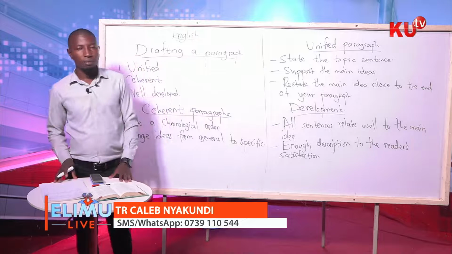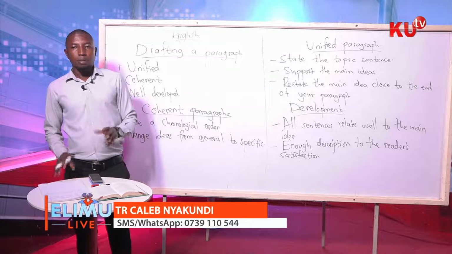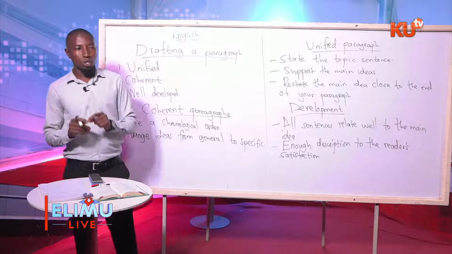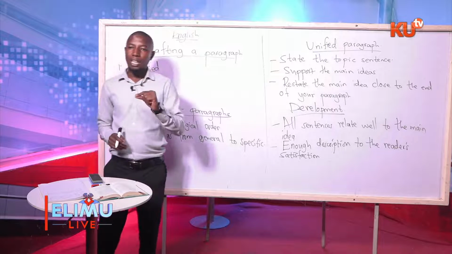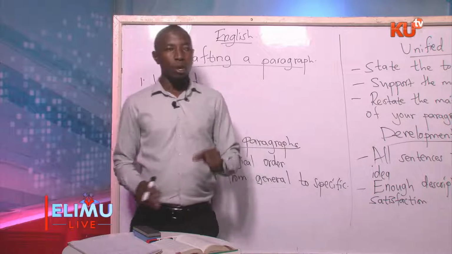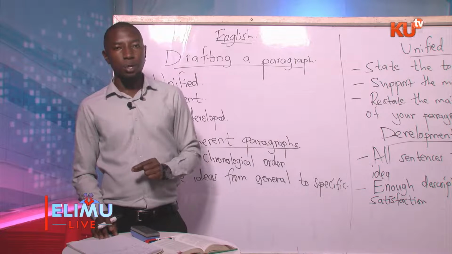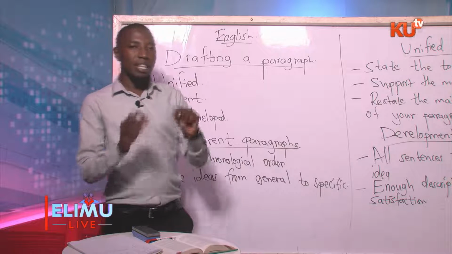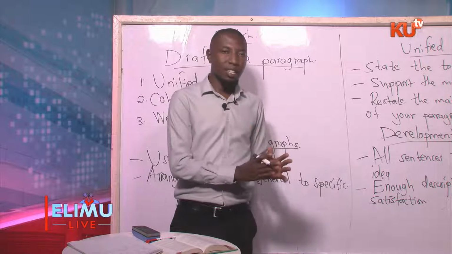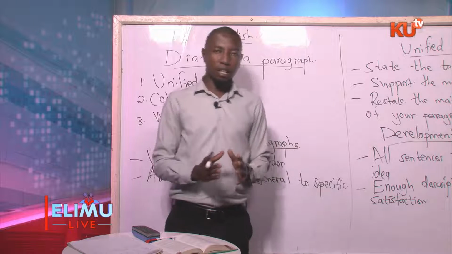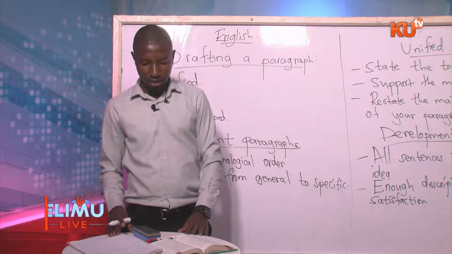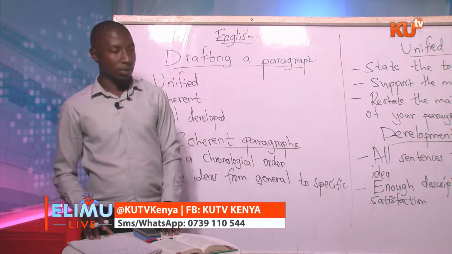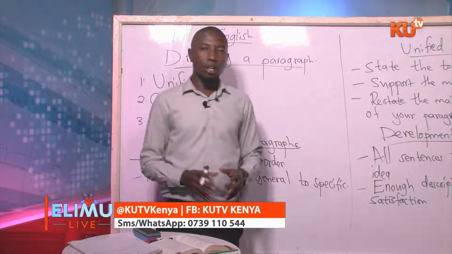Then you may be wondering, how long should a paragraph be? My answer is that a paragraph can be as short as one sentence and can be as long as maybe 100 words. Let's put the average at about 100 words. If you want a very short paragraph, then it should be a one-sentence paragraph.